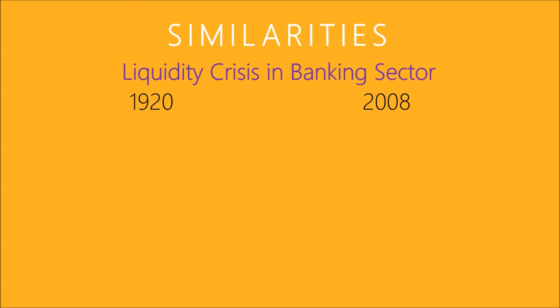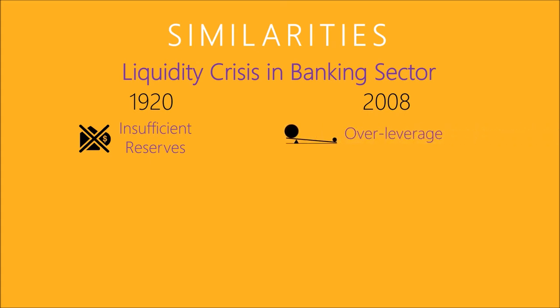The fourth similarity is that the banking sector experienced a liquidity crisis both during the Great Depression and the 2008 crisis, yet it emerged in different forms. The former was caused by insufficient reserves, whereas the latter was caused by over-leverage.